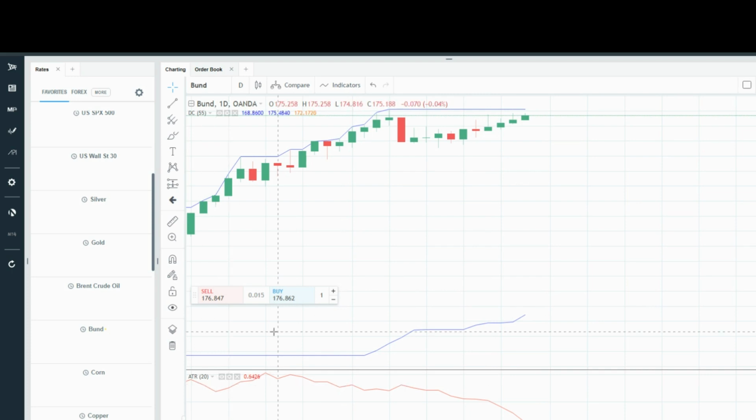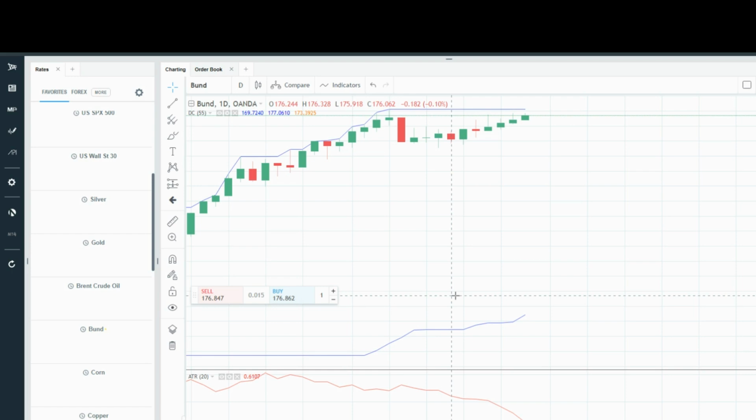I can't remember if it was specified what the average range that the turtles use. It's either a 14, which I think is a default number, or 20. I don't think it makes a huge difference. A lot of this stuff I find, whether you use a 55-day, a 56-day, a 60-day range, doesn't really make a huge difference.